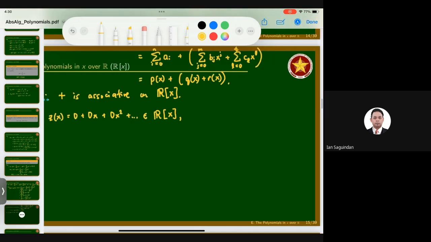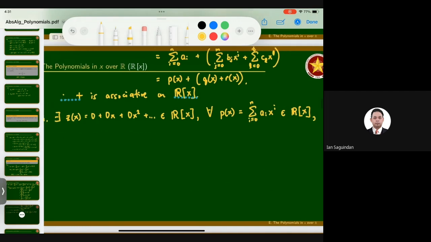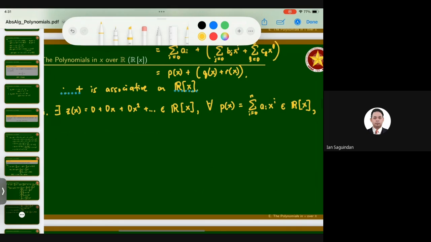That if you're going to pair this with any known polynomial, so that for every p of x, we have the summation of all a sub i, x to the i running from 0 up to the known degree. Okay. So what should happen then?